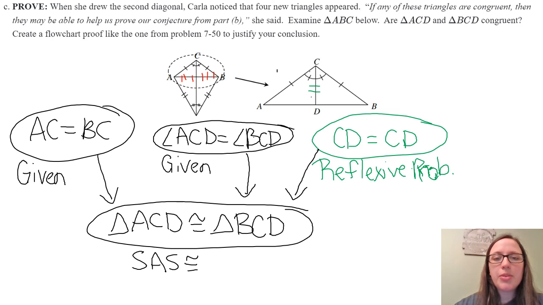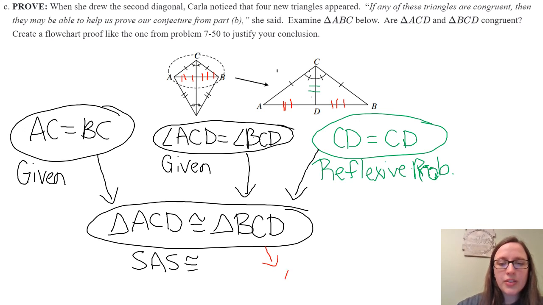So our extra bubble is what we were trying to prove, that this side equals this side. So just draw an arrow. We can write AD equals BD. And underneath that, our reason is that triangles are congruent.